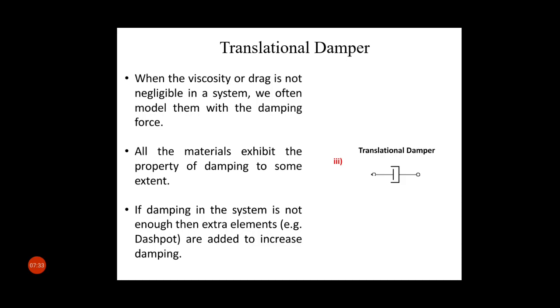If damping in the system is not enough, then extra elements like a dashpot are added to increase damping. A viscous damper or dashpot is a mechanical element which is used to damp out unwanted vibration. Sometimes it is necessary to introduce damping to improve the dynamics of the system. Damping can be added to the system by using a dashpot.